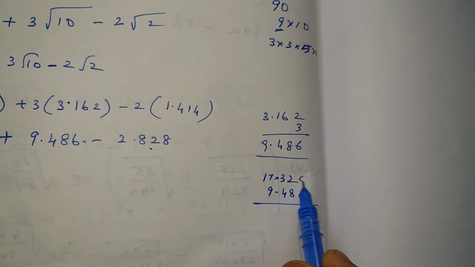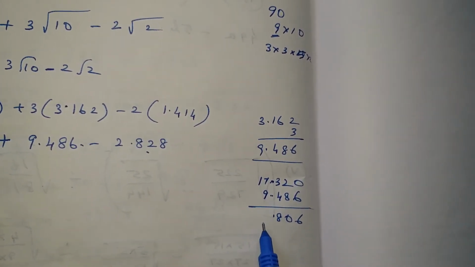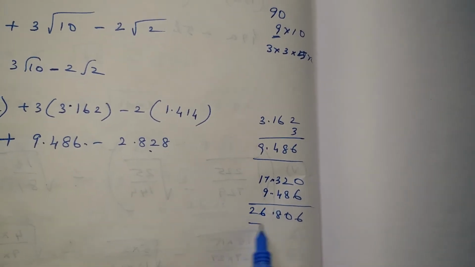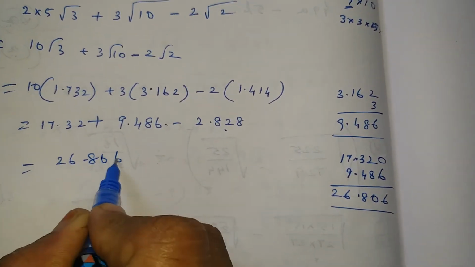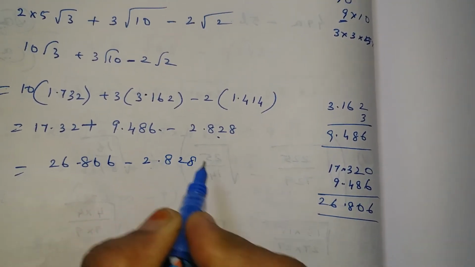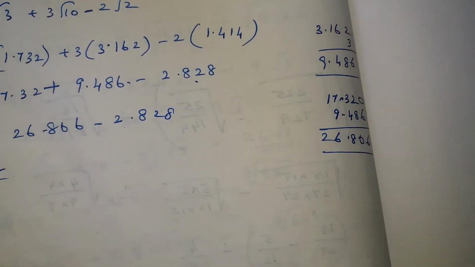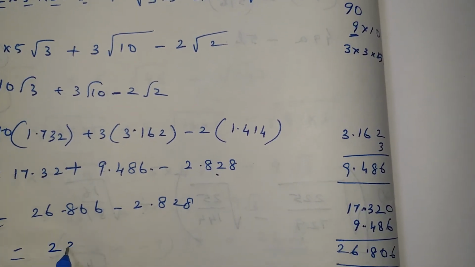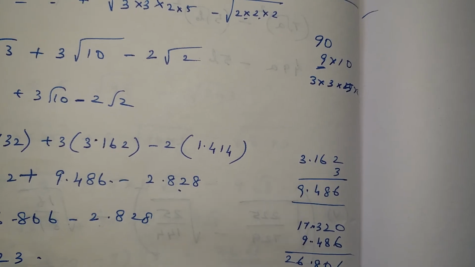Add means put 0. 6, 0, 8, 17, 7 plus 9 is 16, so 26. So, 26.806 minus 2.828. So you subtract. 26.806 minus 2.828.